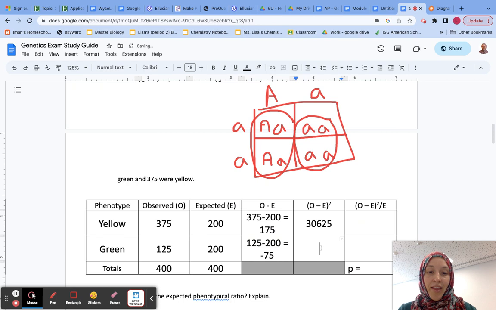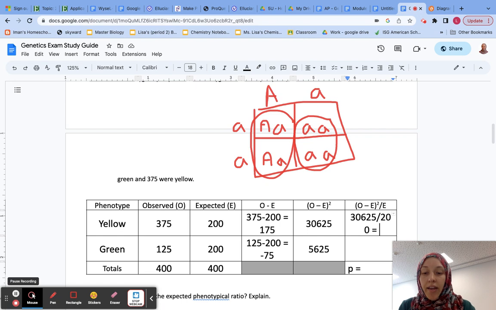Oh my gosh. 75 times 75 is 5,625. Now I take this value and I divide it by my expected, which was 200, and I get 153.125.